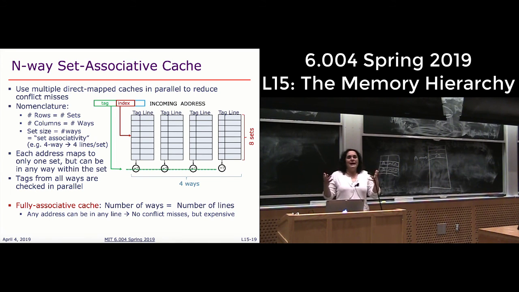If I only have space for one of those in my cache, then they're going to conflict with each other. And when I go to fetch one, the other one's not going to be there, and vice versa.